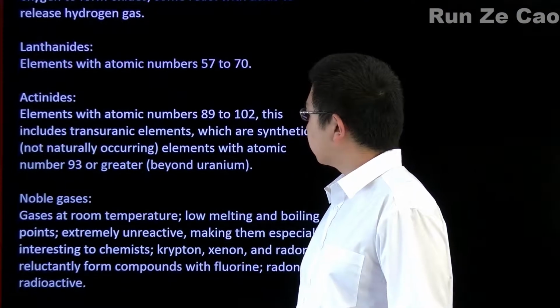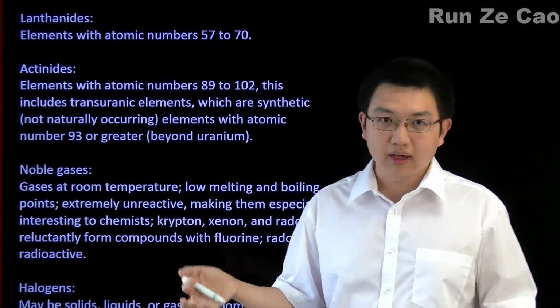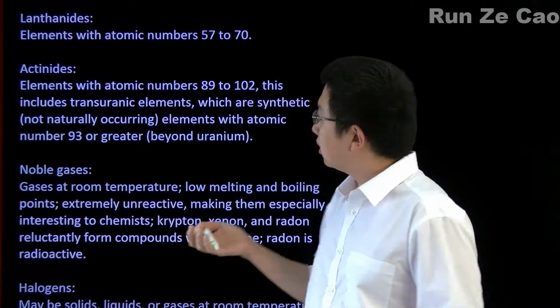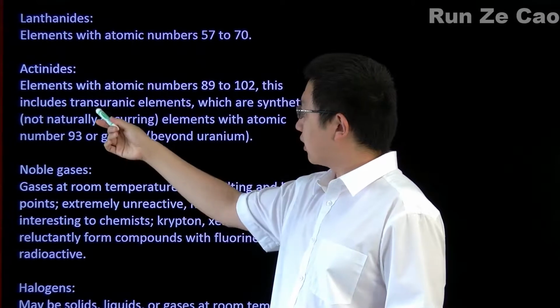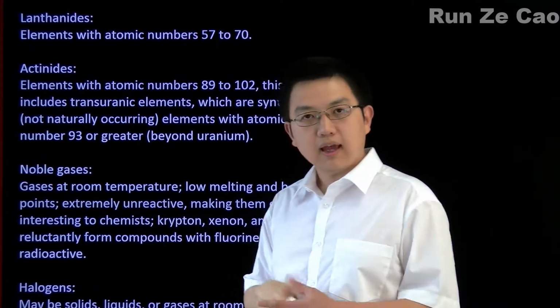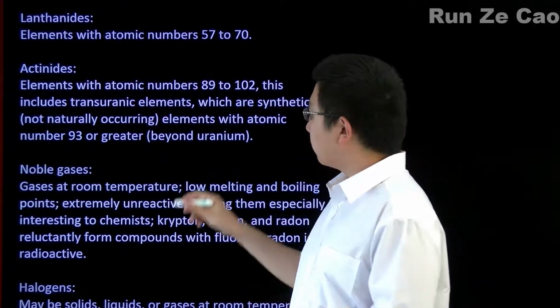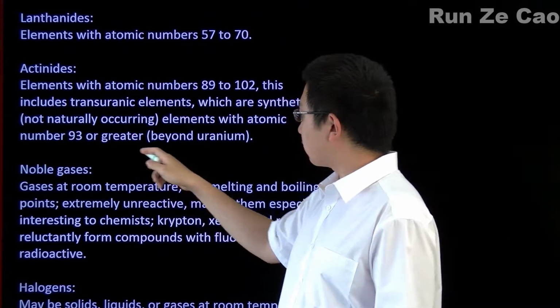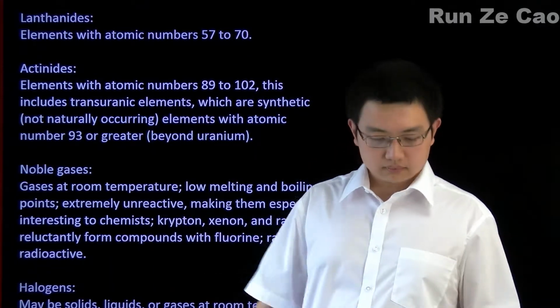Now, the actual arrangement was because of properties, like reactivity and such. So, past uranium, we call these transuranic, because uranium is the heaviest element that occurs in nature. Anything with atomic number 93 or greater is artificial.